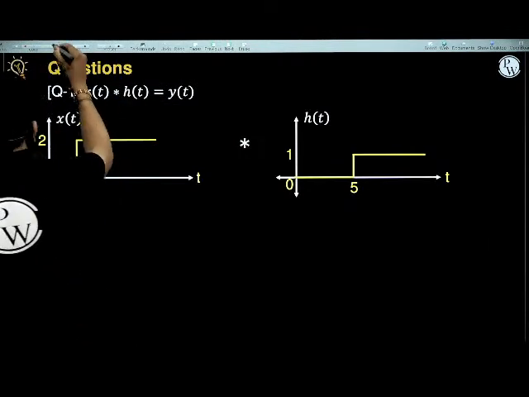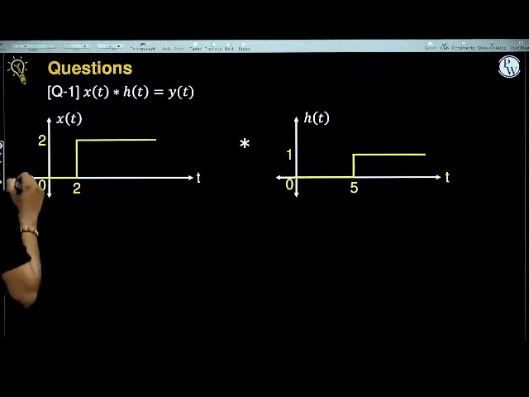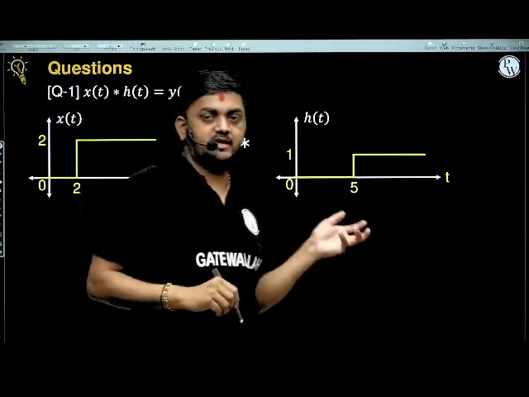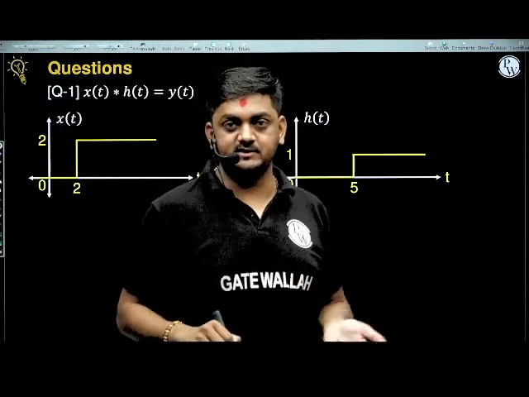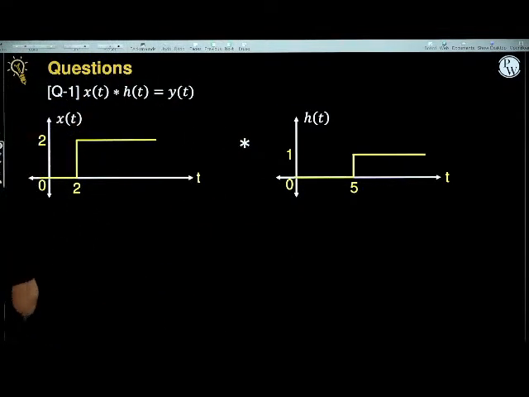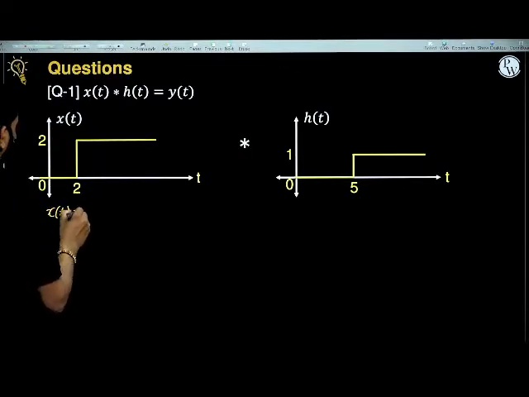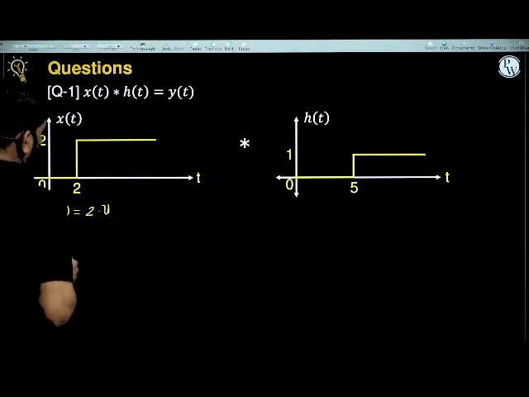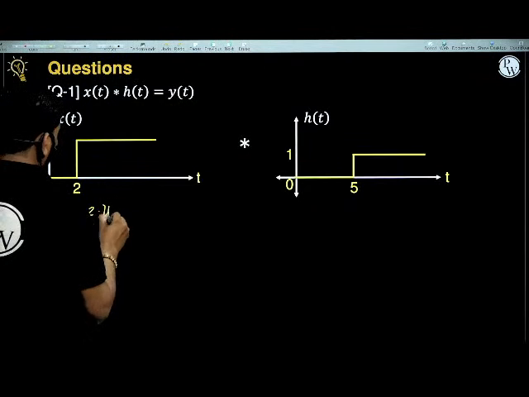So first of all you can write these step functions mathematically. You can express this graphical representation in mathematical form. So see, this is the x of t signal, a step function with amplitude 2, that's why 2u, correct?